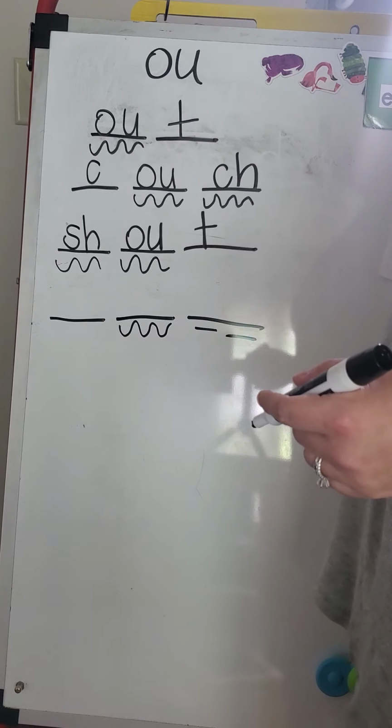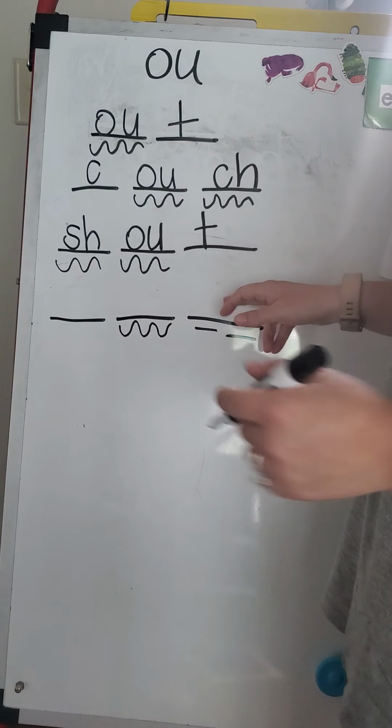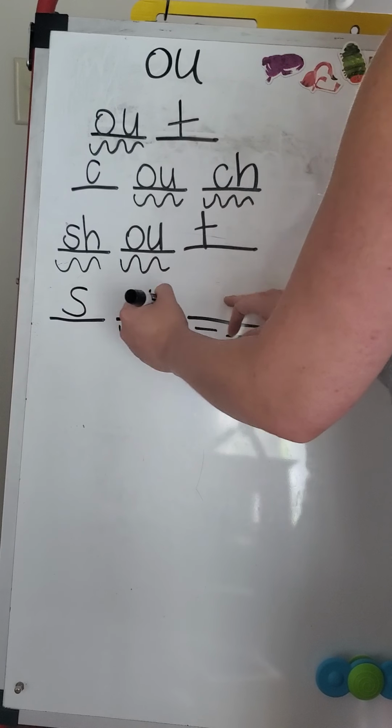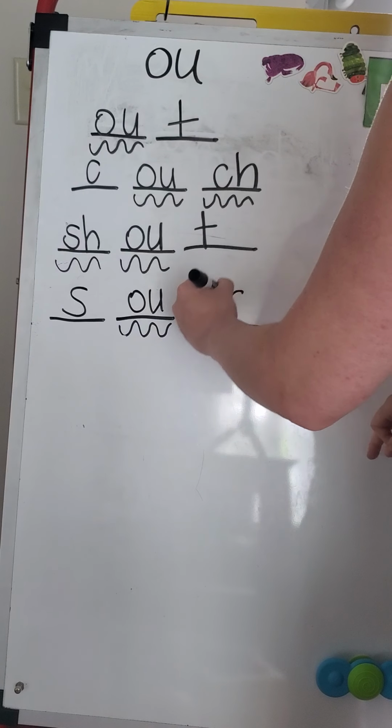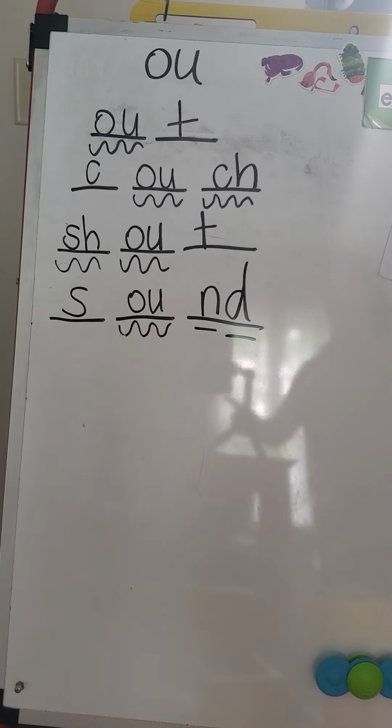Say the word sound. Tap the word sound. S. Ow. Sound. So there is some coding with our diphthongs. We'll be right back with some sentence dictations for both OU and OW.